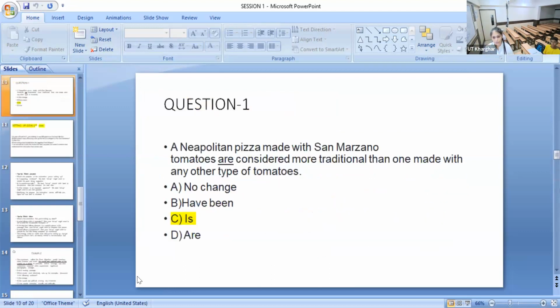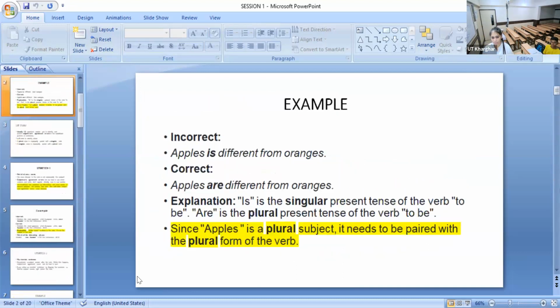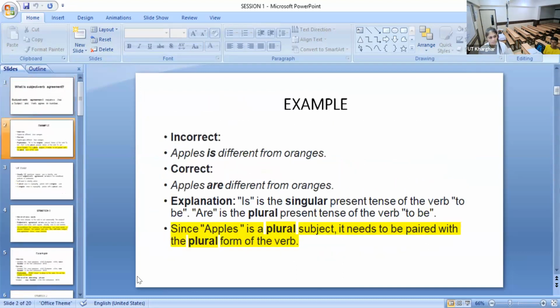Okay, so now this was a brief explanation about your subject verb. Now what we are doing is we will open our UT book, okay? And how we are going ahead with, Saina, you have your UT book, right? Yeah.